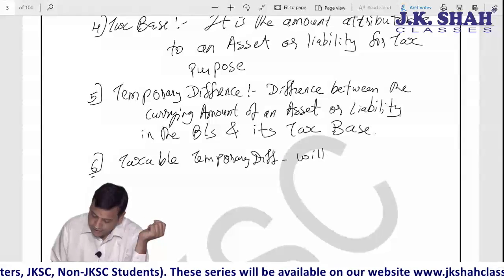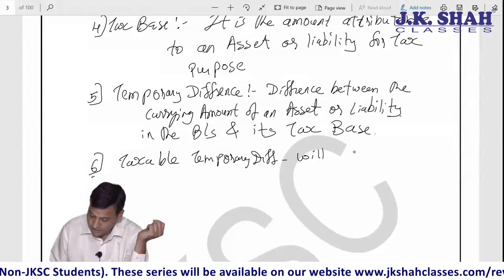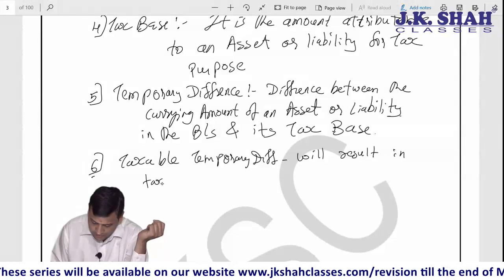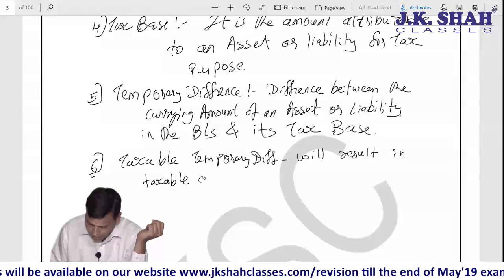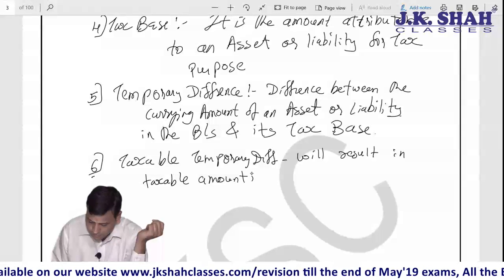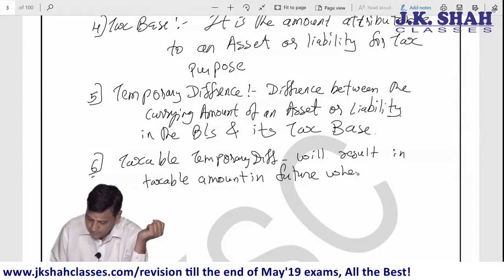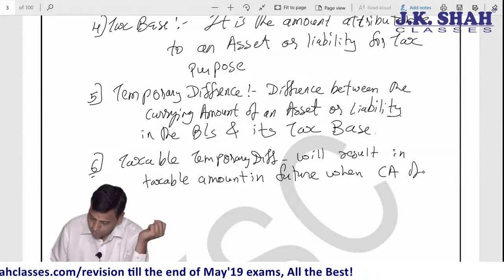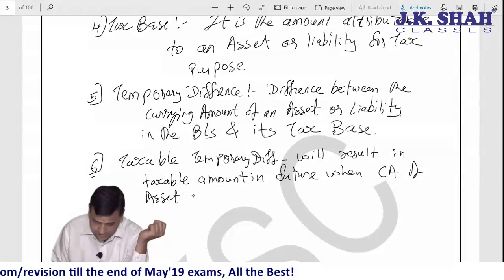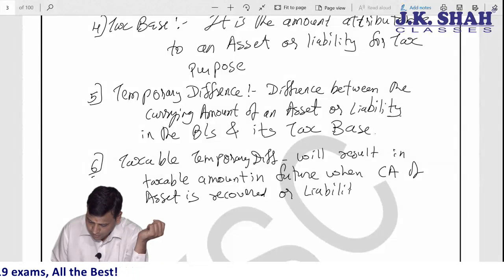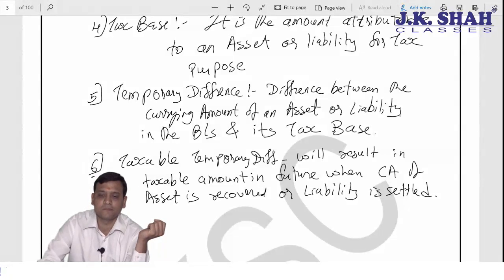Taxable means whatever temporary difference which will result in taxable amount in future when carrying amount of asset is recovered or liability is settled. Let me just talk on this first.